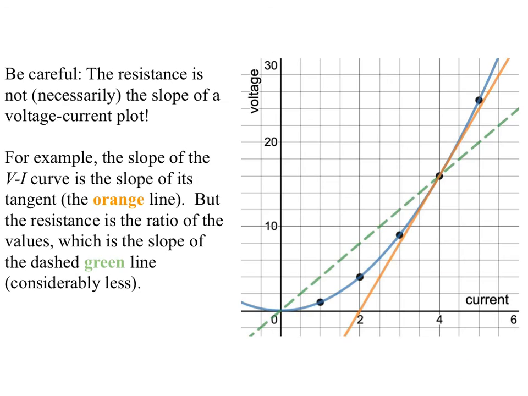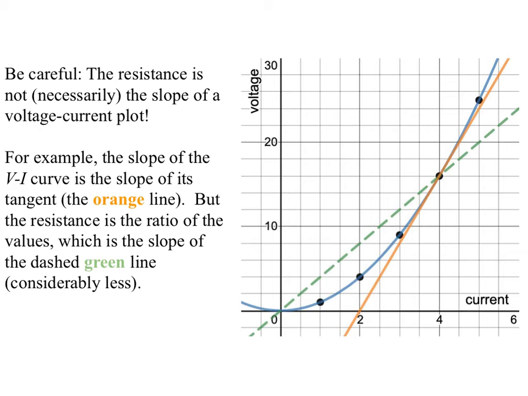Be careful. The resistance is not necessarily the slope of a voltage current plot. We see a delta over something else and think, oh, it looks like a slope. And probably if we were starting today, that might be how we define resistance, but this was done in the 1800s when calculus was relatively rare and people worked directly.